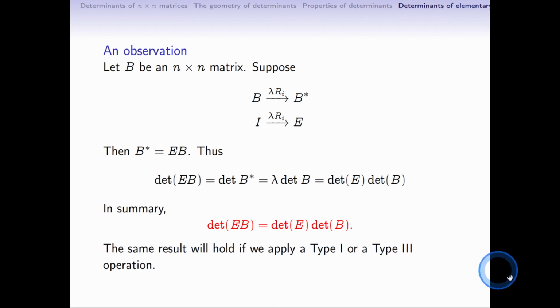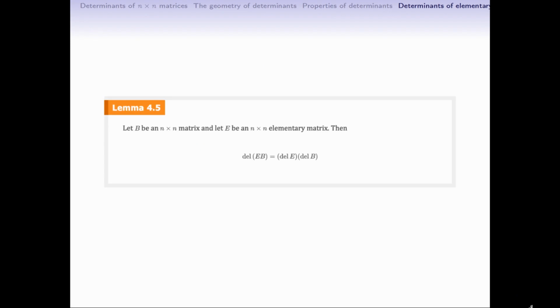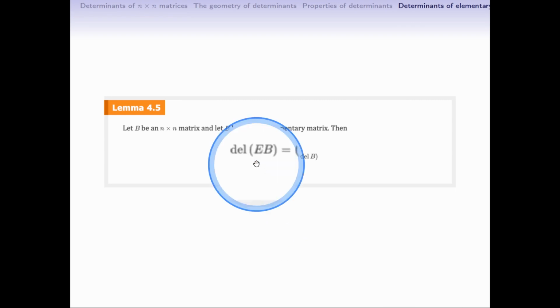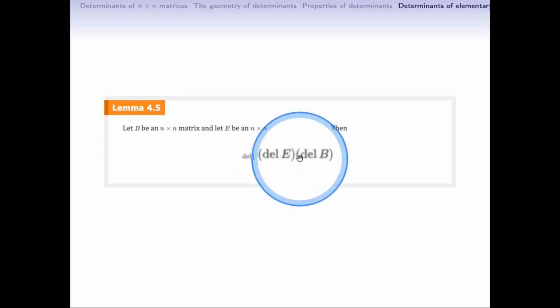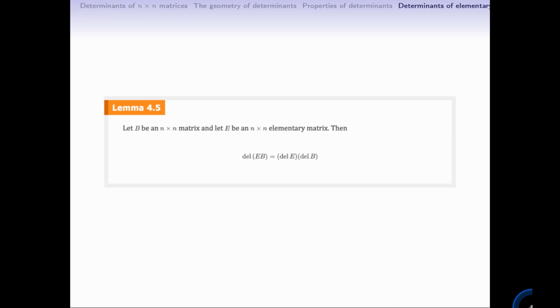Now let's enshrine this in lemma 4.5. Let B be an n by n matrix, and let E be an n by n elementary matrix, and it doesn't matter if that comes about from a type 1, a type 2, or a type 3 operation. Then the determinant of the product of E and B is the product of their determinants. And this is a provisional form of a deeper theorem that we're approaching.